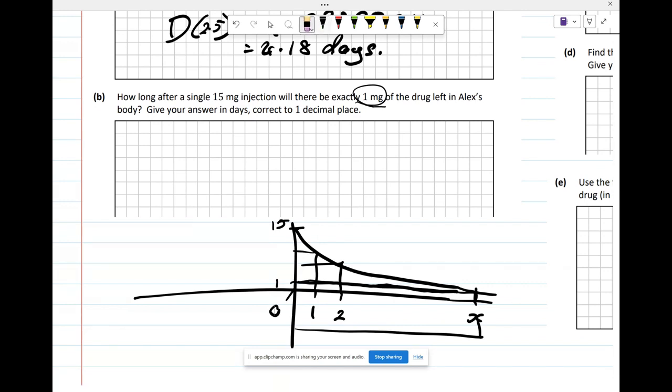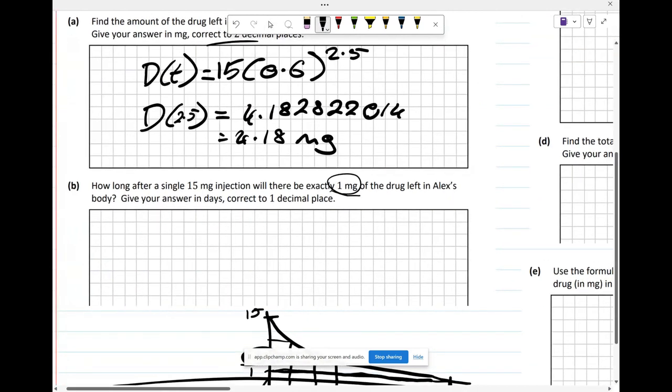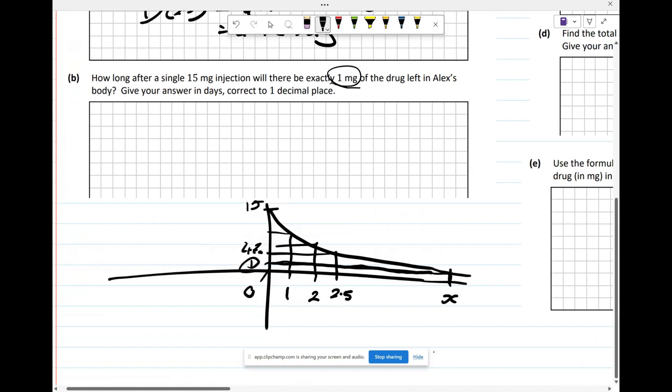So it's kind of the opposite question we were doing before. Before we went to 2.5 days, and we went up and we got 4.18 milligrams. Now they've given us a milligram, and we've got to work backwards to find the days.